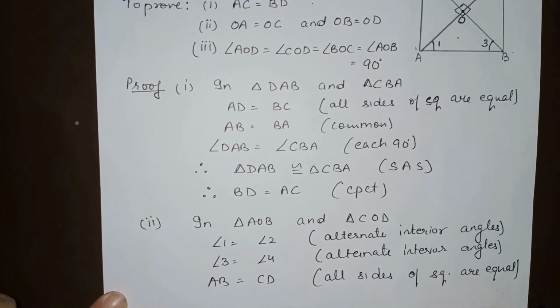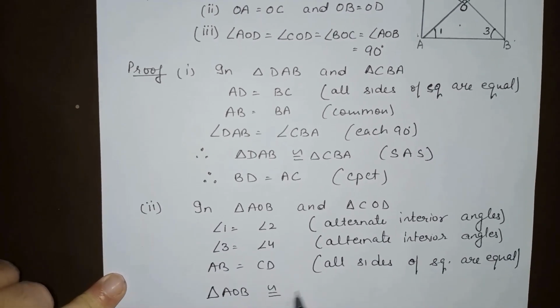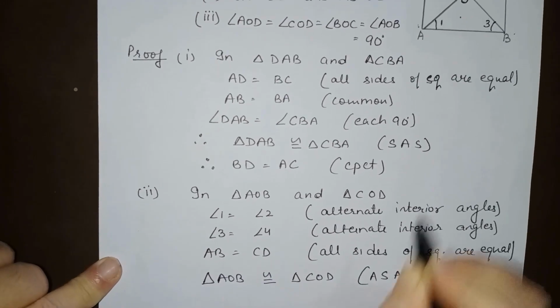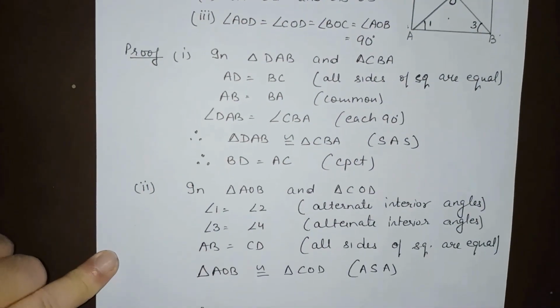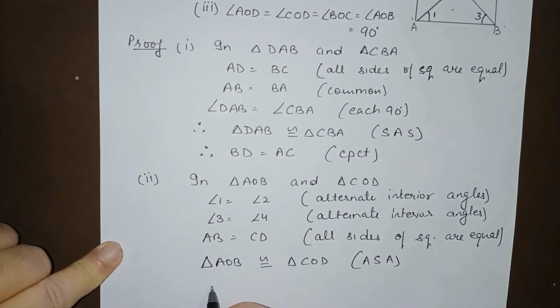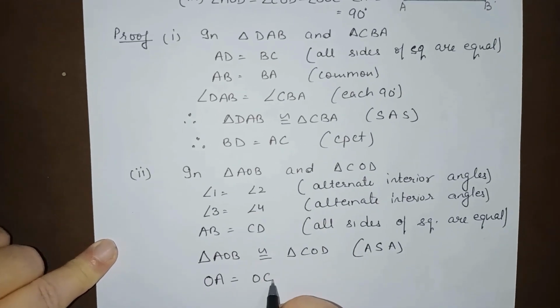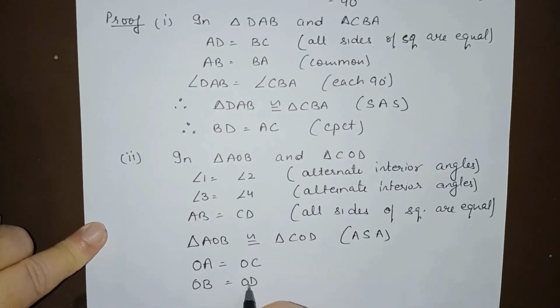So these two triangles are now congruent by ASA, angle, side, angle. Now when they are congruent, by CPCT we have OA is equal to OC and OB is equal to OD.